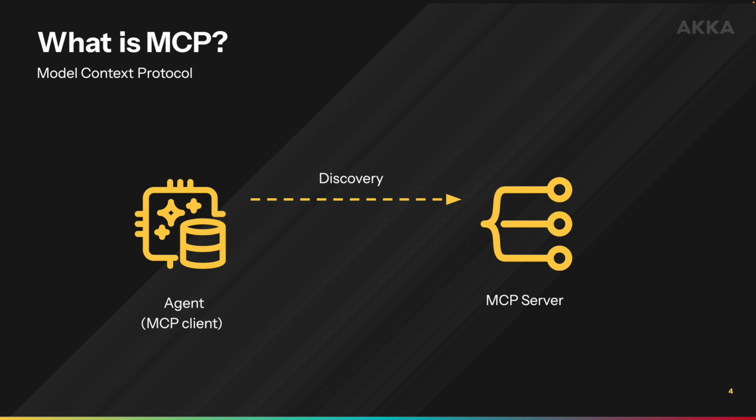The first part of MCP is discovery, where the agent connects to a server and they do a handshake and agree on a version of the protocol they want to speak to each other. The next part is that the client asks the server for a list of available tools. So the server returns each tool that it supports and the description and the input schema for it.